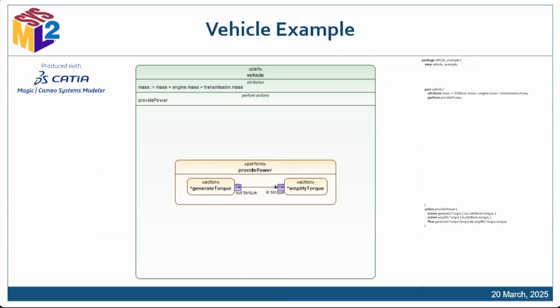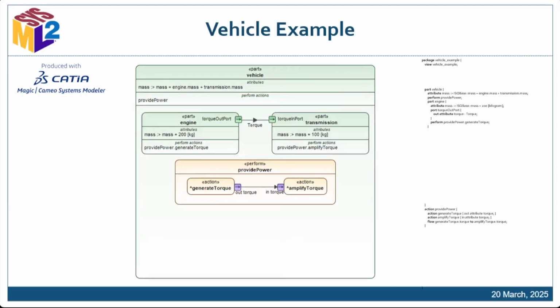We have here some actions that the vehicle performs. Again, it's just a simple little functionality, generate torque and amplify torque, to show the vehicle is going to perform that top level action called provide power. And provide power includes those two nested actions. And then here are the parts of the vehicle, just a small subset: the engine and the transmission.